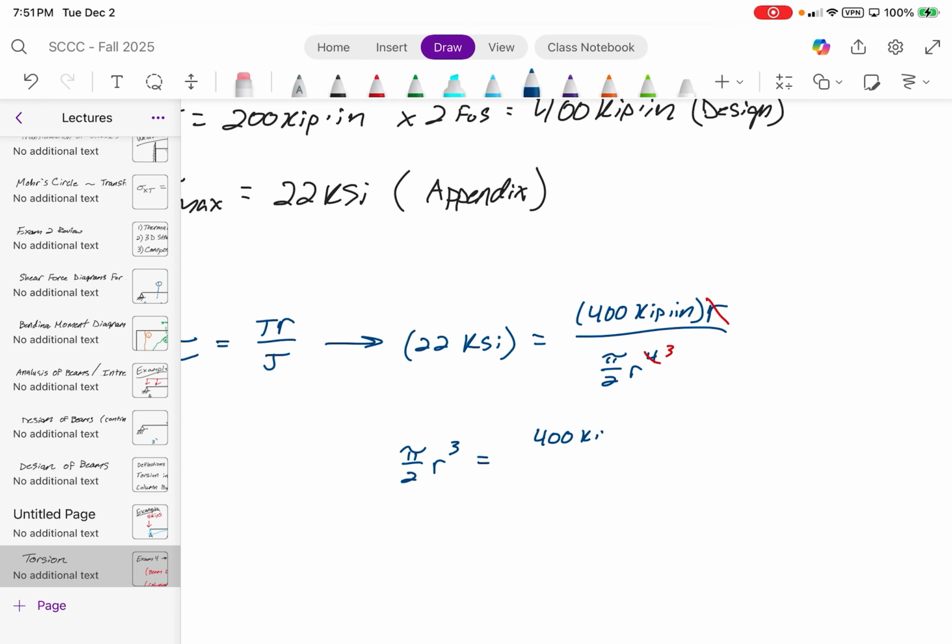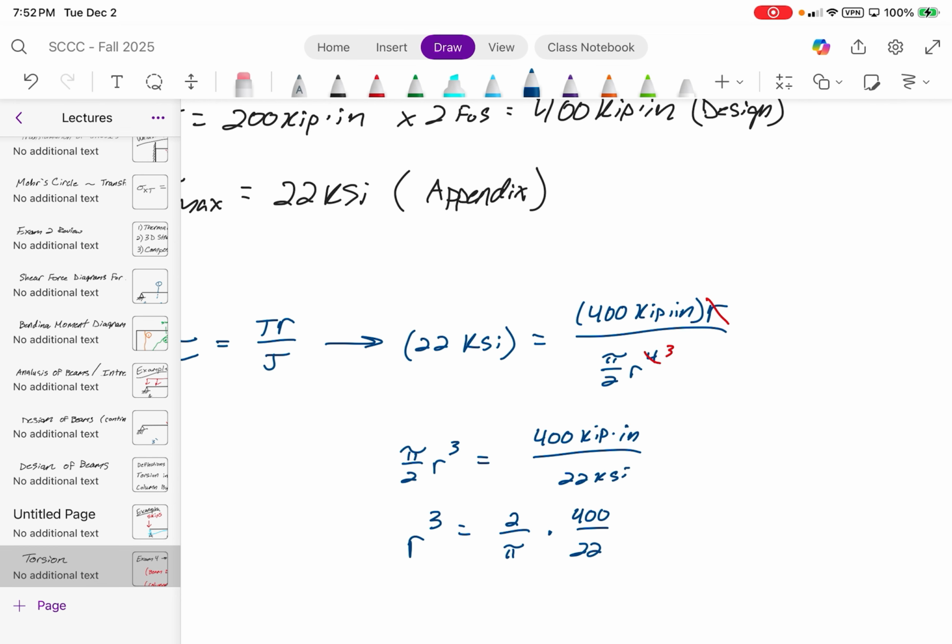We can rewrite this expression to then say pi over 2 r cubed is equal to 400 kip inches divided by 22 KSI. R cubed is just going to equal 2 over pi times that 400 divided by 22. How do we get rid of the cube? Have you square root? It's close. Yeah.